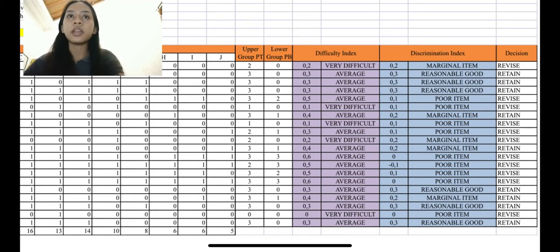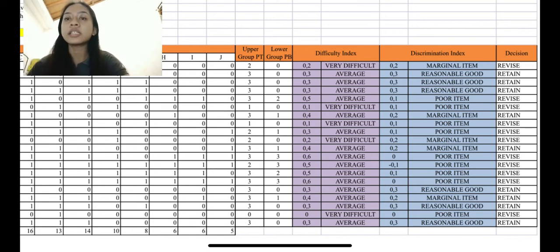The upper group can answer it correctly. So 3 points for the upper group, and the lower group is 0. The difficulty index is 0.3, so it is included to be an average item.